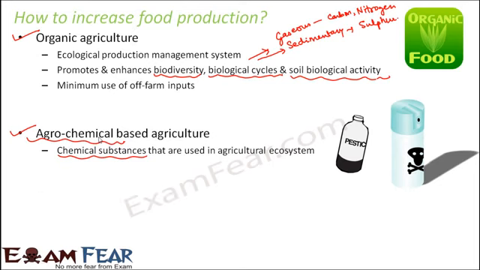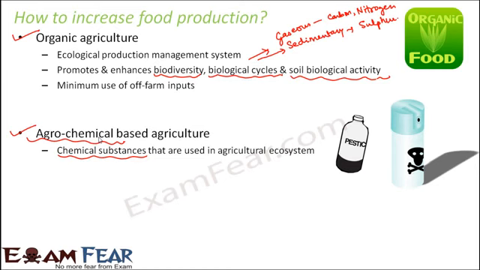So in every fertilizer or pesticide, there are both active ingredients as well as inactive ingredients. Active ingredients will directly produce the desired effect, whereas the inactive ingredients will help in application of the active ingredients.